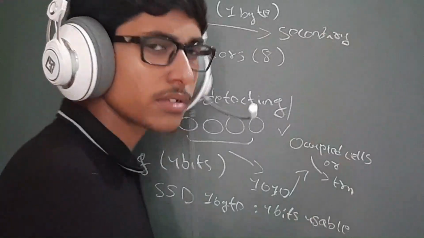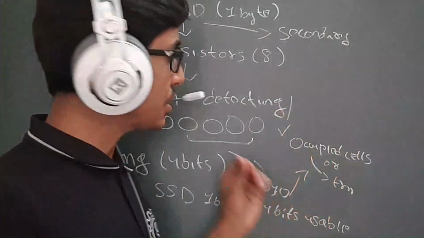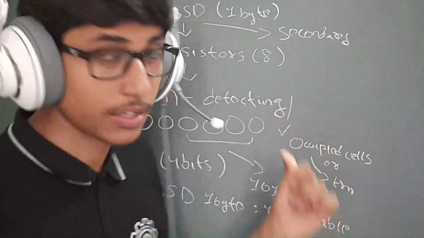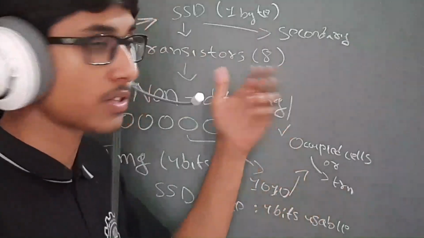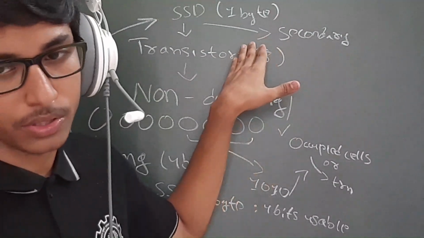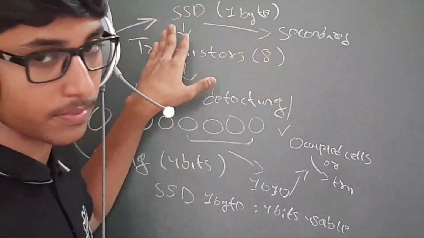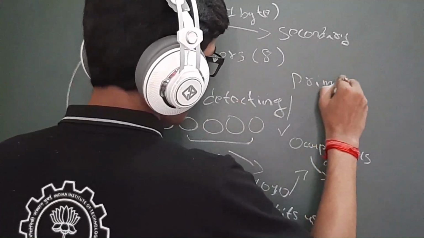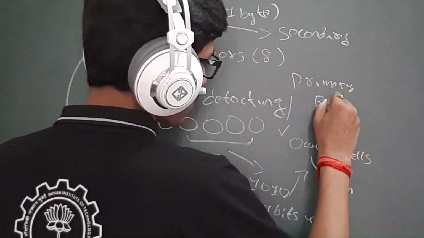The basic understanding of secondary storage is that it is not directly used as a storage device. If you are allowing some kind of file or data to be stored in this particular storage, then only it will be stored in the storage system, right? Whereas primary storage, a best example is RAM.